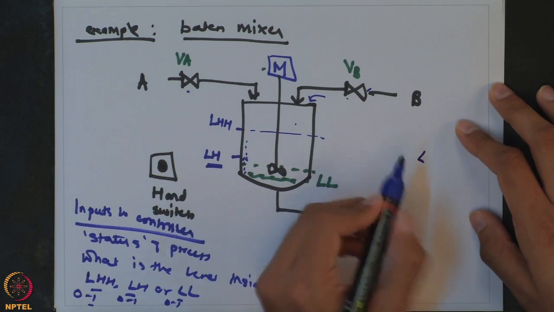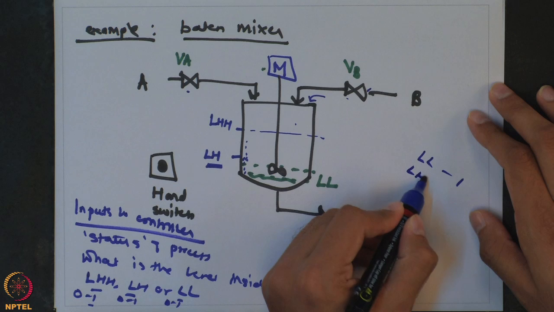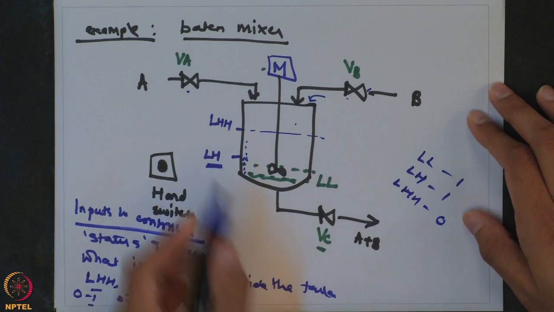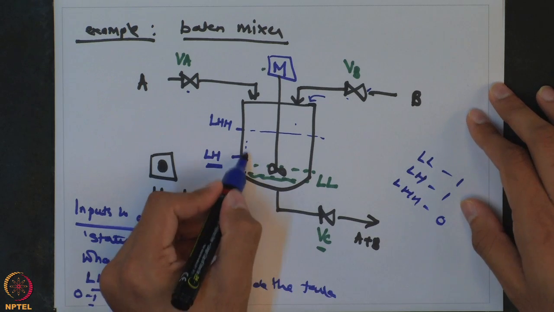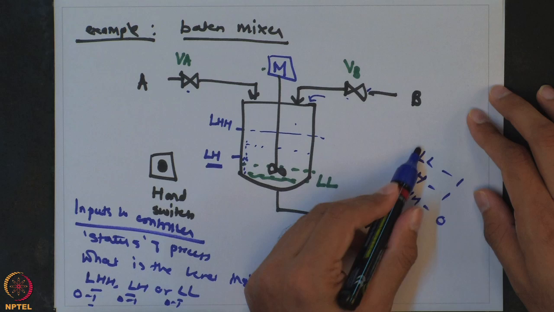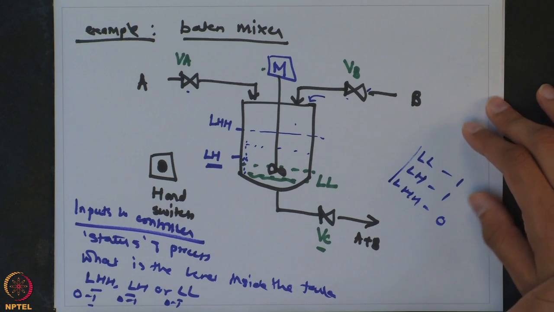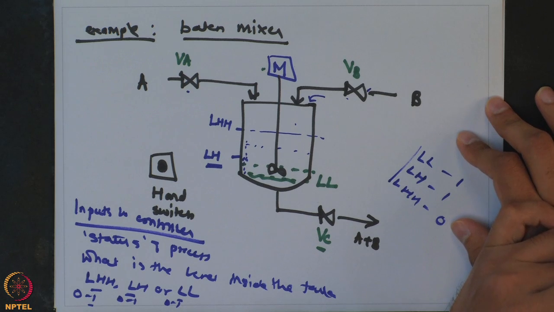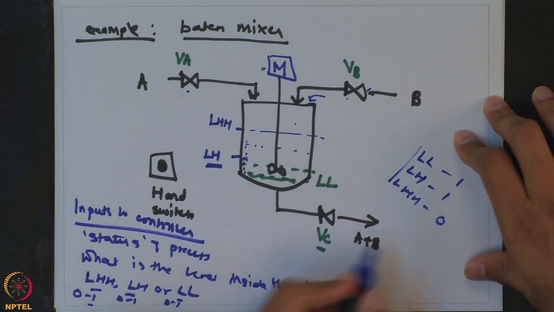So, those are the three things which will tell me where my level is lying. Let us say if LL is 1, LH is 1 and LHH is 0, that means I am above LL, I am above LH and I am below LHH. So, I am somewhere here. That way, using these three tags, your controller will know where exactly your process is. And there are four things which the controller will control.